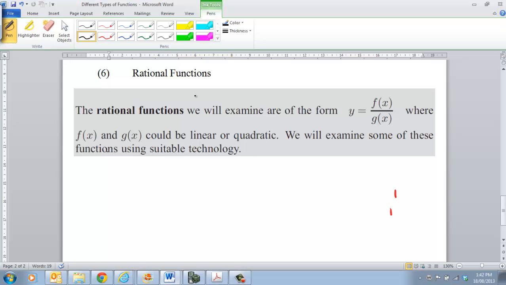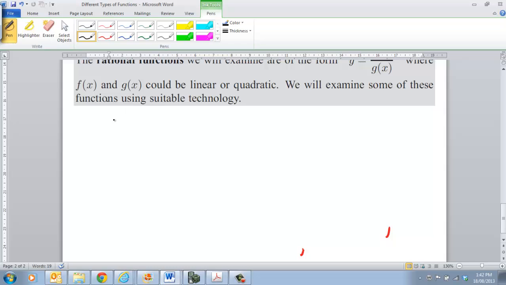Now, we'll do a whole section on these ones this year. These are called rational functions. All these rational functions are functions which have a function on the top divided by a function on the bottom. An example of something like that might be y = 2x all over something like x squared plus 1.